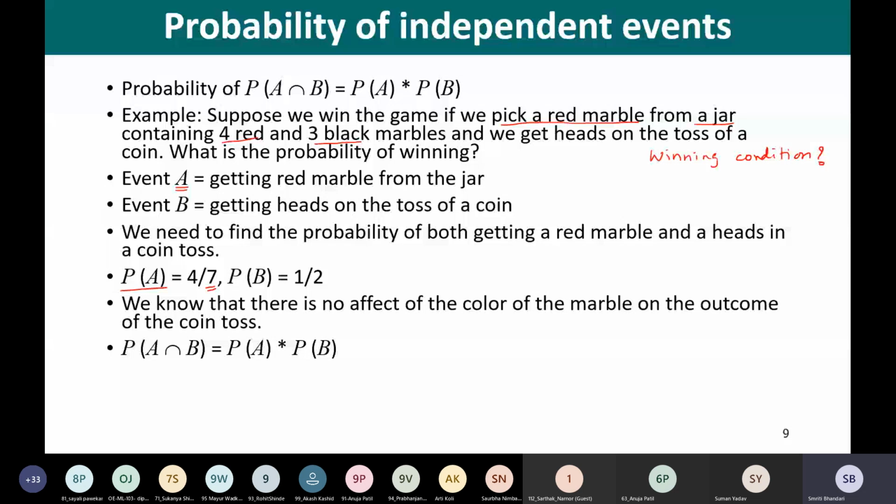The probability of A intersection B is defined as the probability of A times the probability of B. Here the probability of A is 4 by 7 and the probability of B is half, so the probability of A intersection B is 2 by 7.